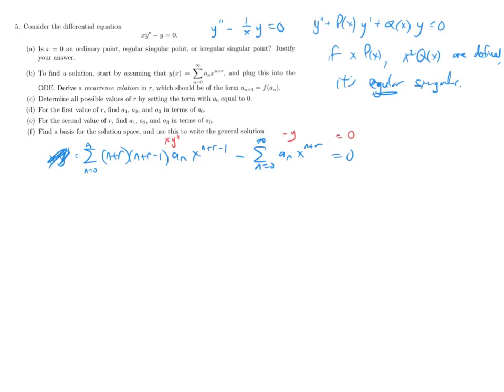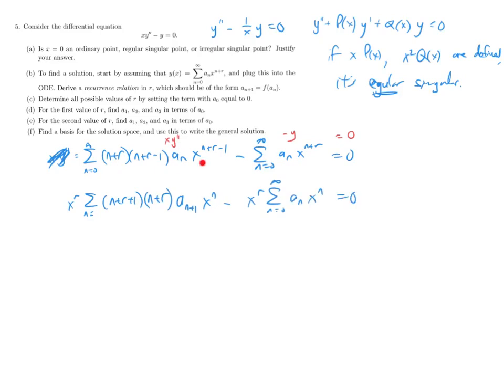So to combine these things, you have to shift up these indices. If you do that, you get the sum of (n plus r plus 1)(n plus r) a_(n plus 1) x to the n plus r. I'm not going to go through the let m equal things; if you do this enough, you just get used to that. I'm going to put the x to the r out here, minus x to the r times the sum from n equals 0 to infinity of a_n x to the n equals 0.